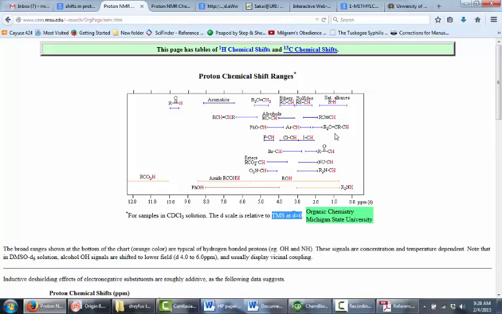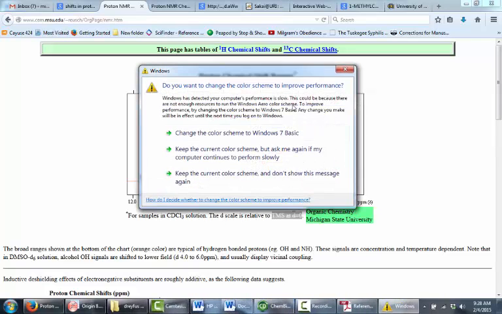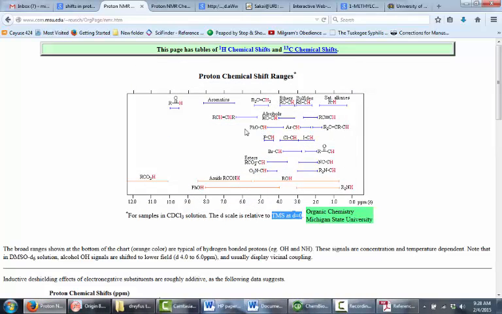Other unsaturated protons, so protons attached to unsaturated carbon atoms, show up less shielded, and certainly ones that are attached to heteroatoms like an OH group or an ether show up in this region as well. So they're less shielded than saturated alkanes, but they're still more shielded than the sp2 carbonyls.